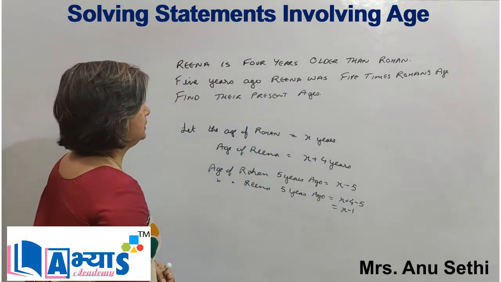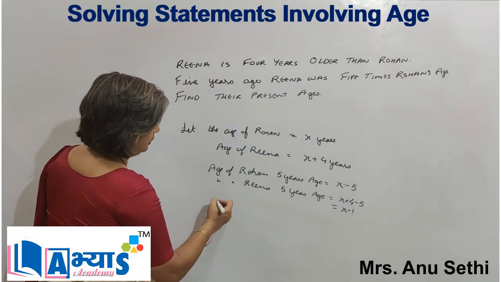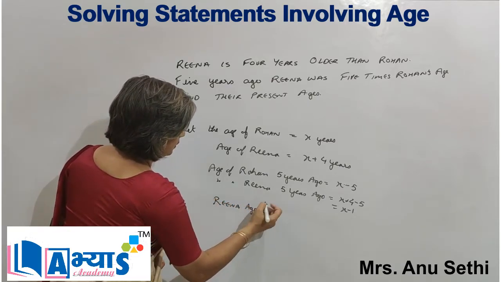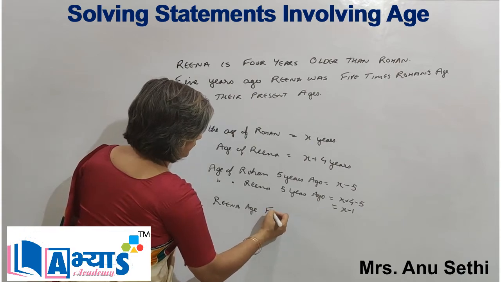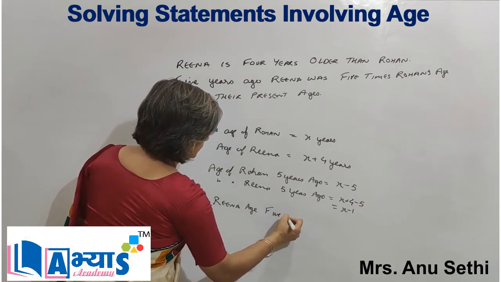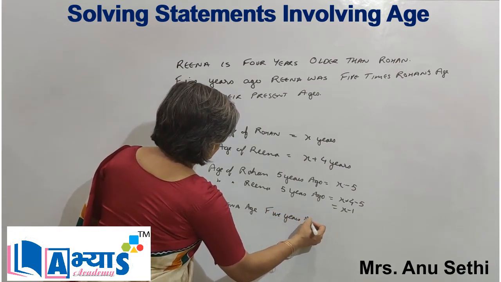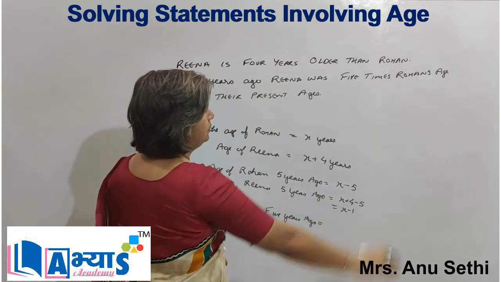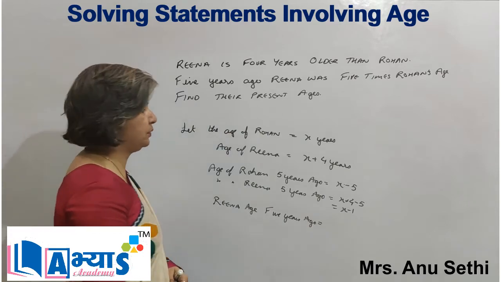Now the relation is Reena's age 5 years ago. 5 years ago Reena's age was 5 times Rohan's age.